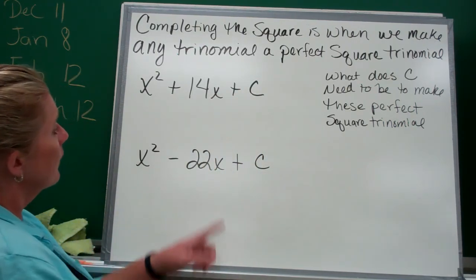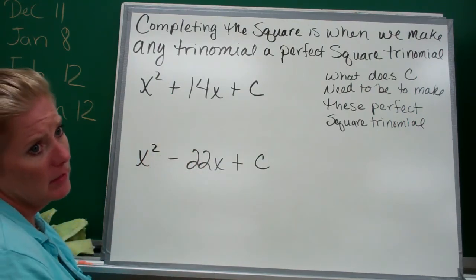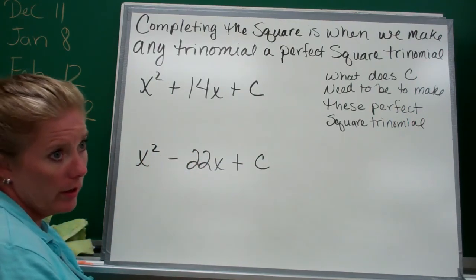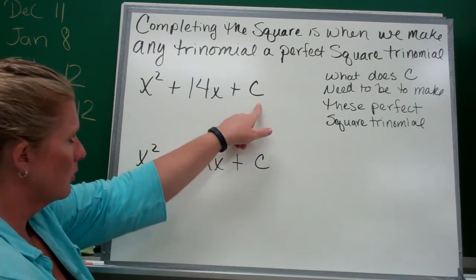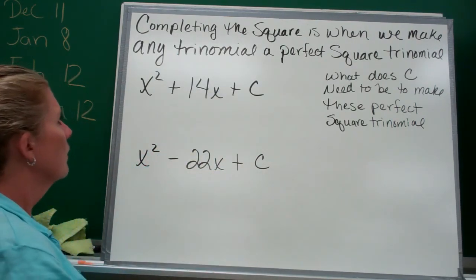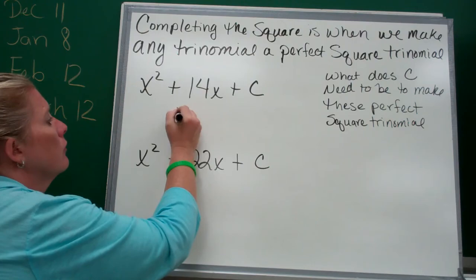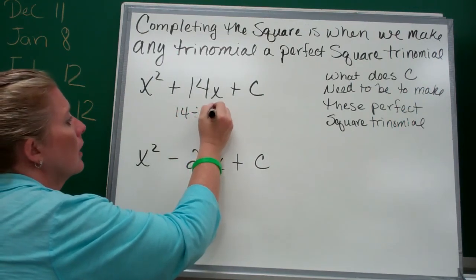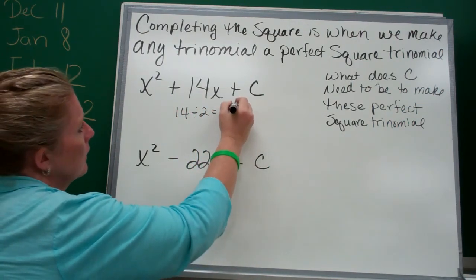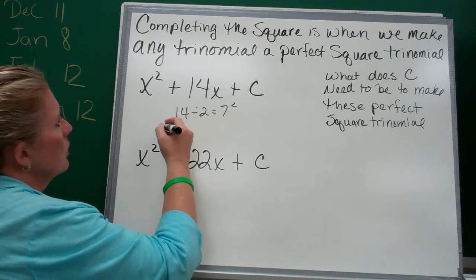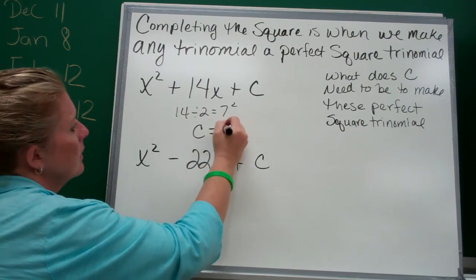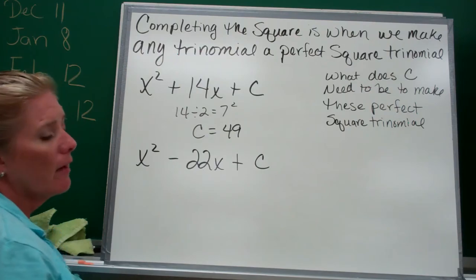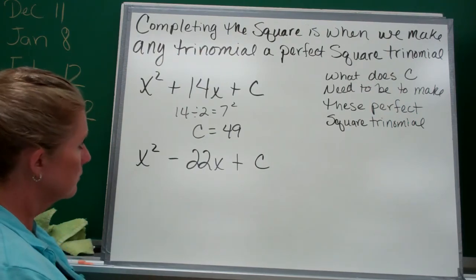So if I divide the 14 by 2, and square it, that's what I need to put here. Take your 14 divided by 2, that equals 7, and then square it. So c equals 49, and then we will have a perfect square trinomial.